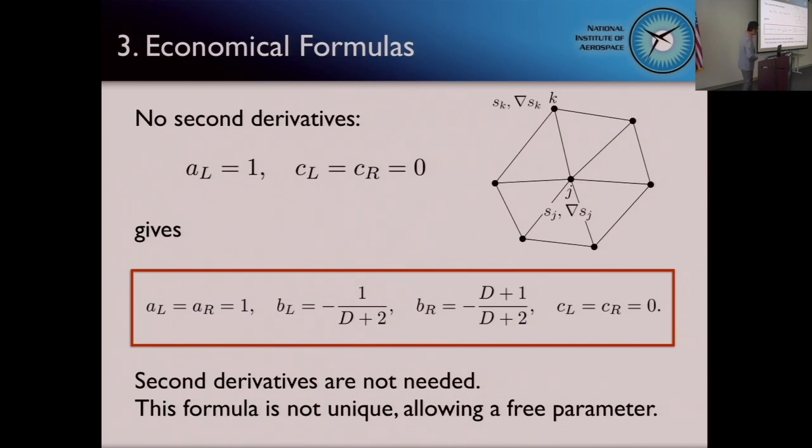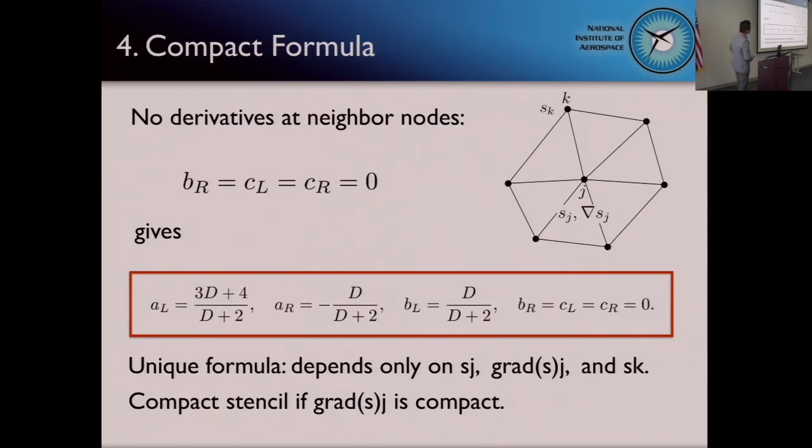There's something you can still do. There's a one-to-three parameter. Instead of specifying AL, we can specify something else. I decided to specify this BR in order to generate a formula that does not depend on any derivative at the neighbor. And then we found this special formula. This is a unique formula that depends only on the source term value at j, the gradient, and then the neighbor value.